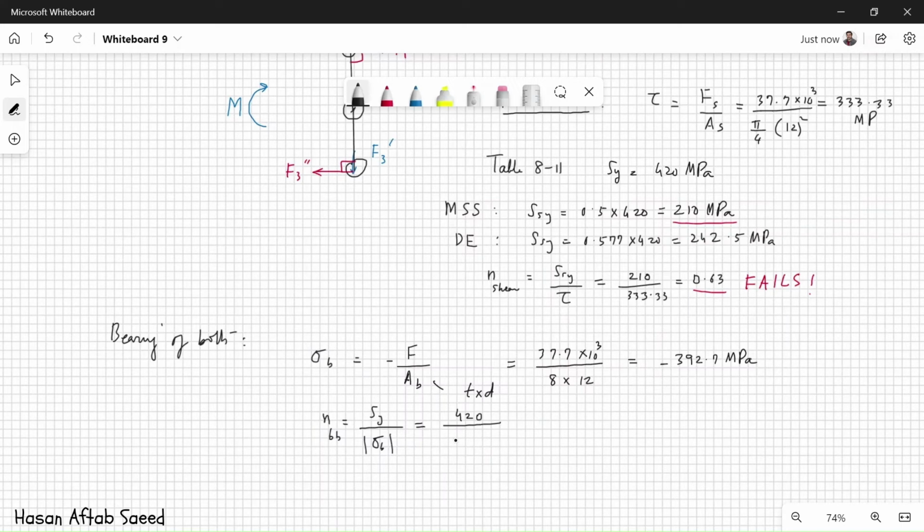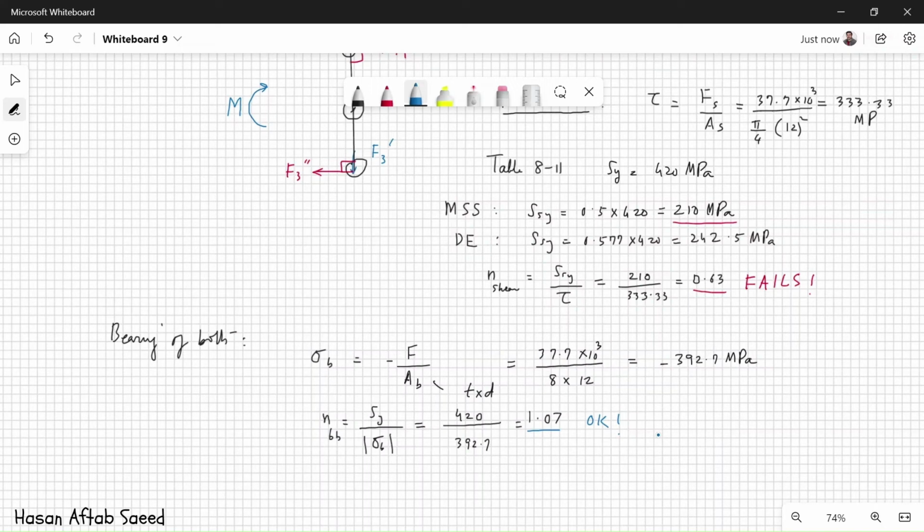And this turns out to be 1.07. This is barely okay, but I think it is obvious that if the bolt is so close to failing, although it hasn't failed, the member is most certainly going to fail.